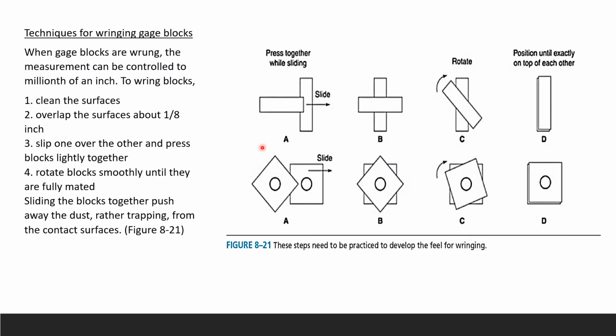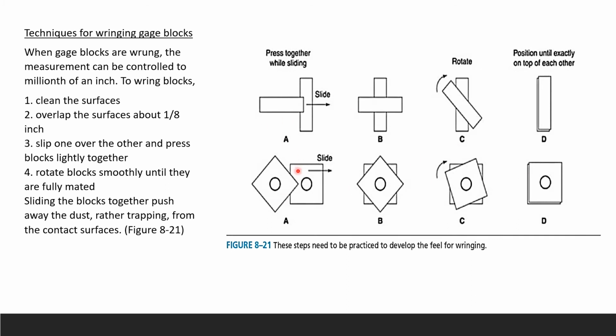Okay, the technique for ringing gauge blocks, how are we going to do that? So first you're going to choose two blocks, and then you're going to slide one block over the other. So press together while sliding, okay, press on it here, and then press with the other hand here and slide it. And then you rotate it, and then you position until exactly on top of each other.